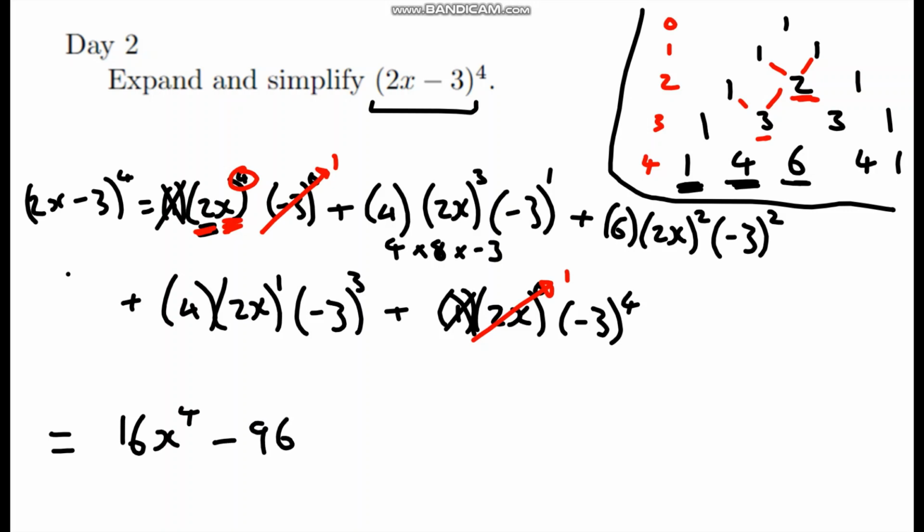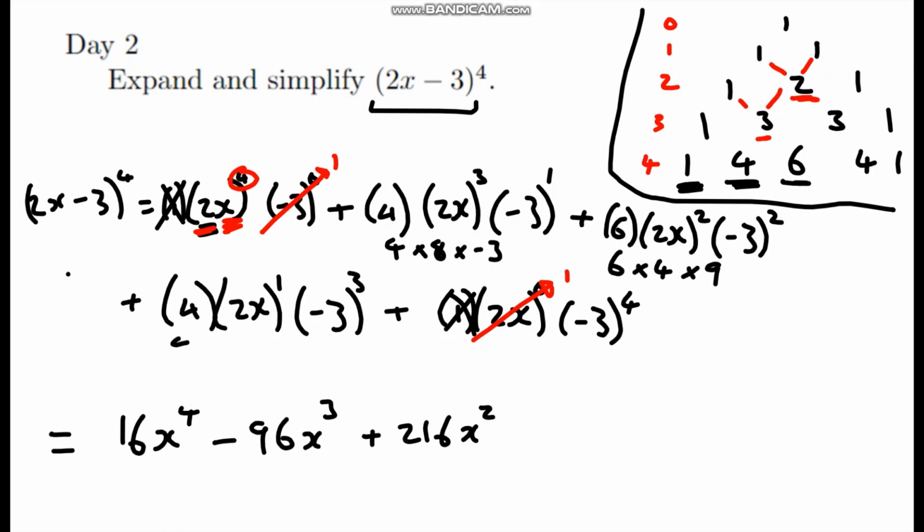And then we've got x to the power of 3. Next one, so we got a 6, 2 squared is 4, negative 3 squared is going to be positive 9. So we're going to have 4 times 6, which is 24, multiplied by 9. 24 times by 9 is going to be positive 216. We're going to have our x to the power of 2, so x squared.